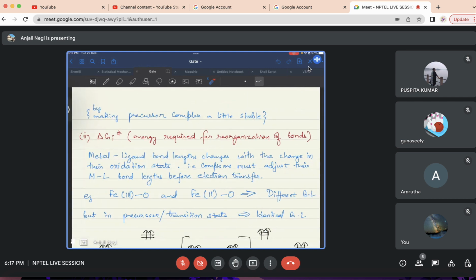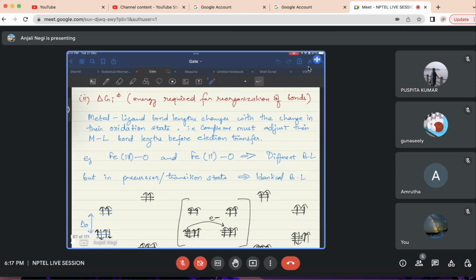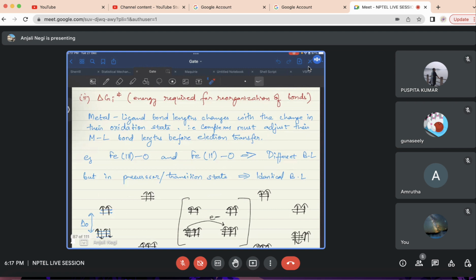So delta G i is the energy required for reorganization of bond. Now what do I mean by lengthening and compressing of the bond, and it follows the Franck-Condon principle, is that the metal ligand bond length changes with the change in their oxidation state, correct? That is, the complex must adjust their M-L bond length before electron transfer.